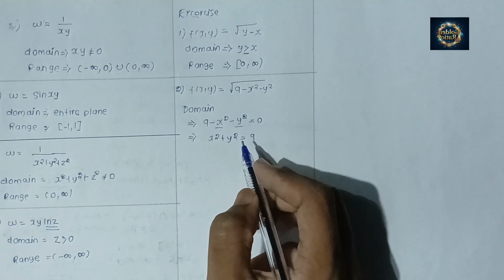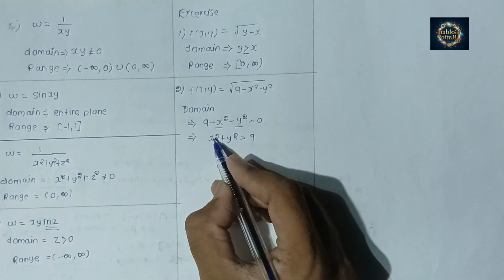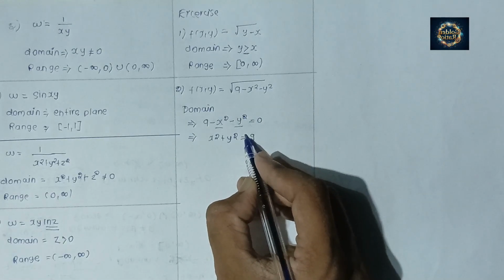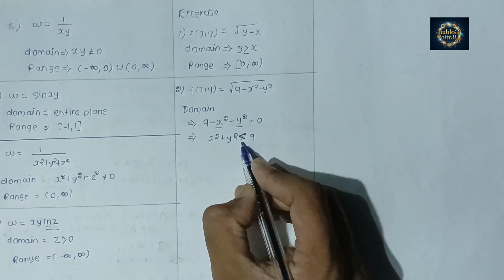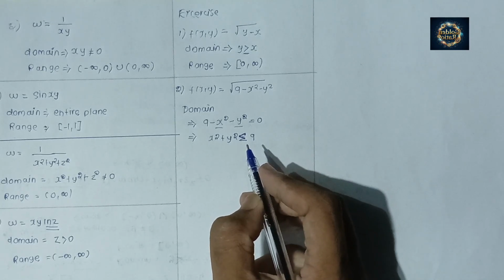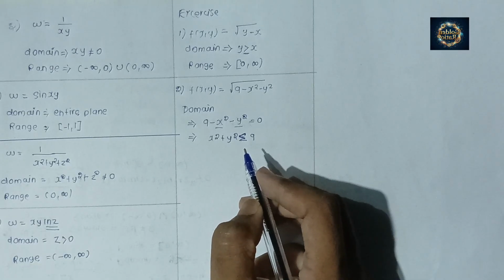To avoid the formation of complex numbers, the sum of x square plus y square must be less than or equal to 9. So it is a type of inequality, and we need to solve this to find the domain and range of the function.